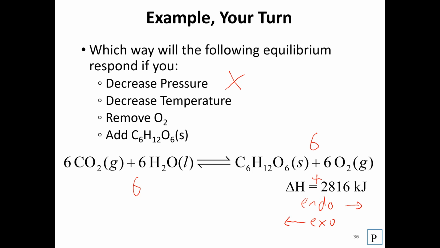So if I decrease temperature, the available energy, it's going to try to increase it. Which way does it do that? By going backwards, by giving off energy. It is exothermic in the reverse direction.